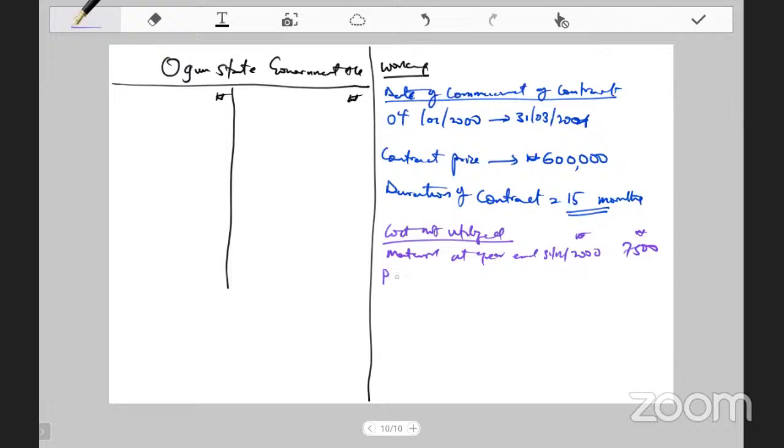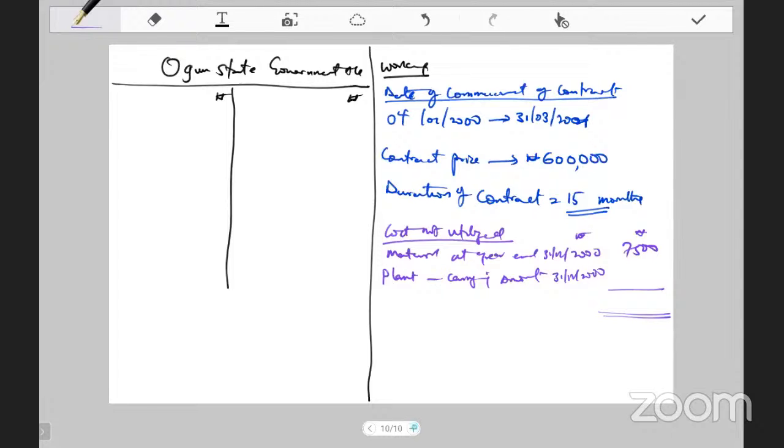But I need the second one, which is the plant carrying amount. So what's my plant carrying amount as at 31/12/2020? Note very well that the plant I'm looking for here, that is the carrying amount, is the plant that I've bought, not the one that I've hired.